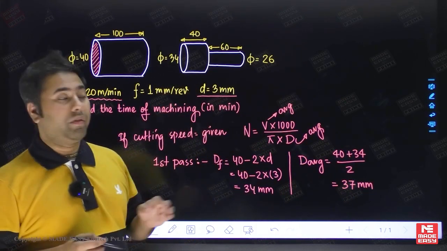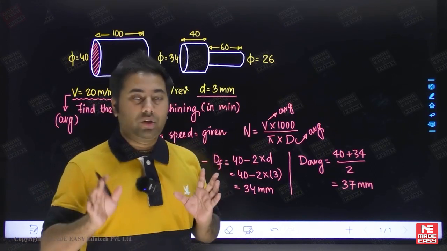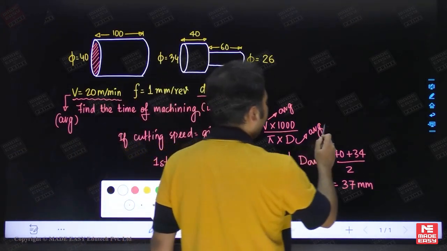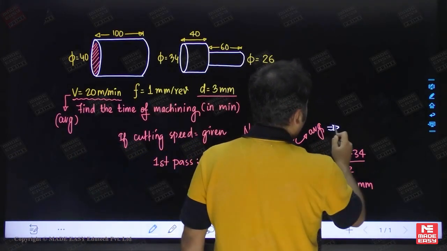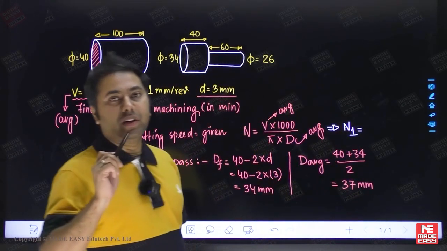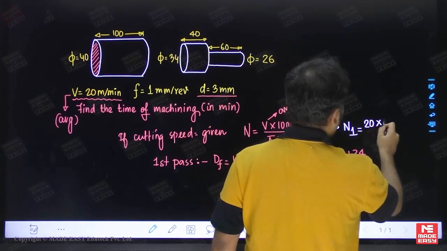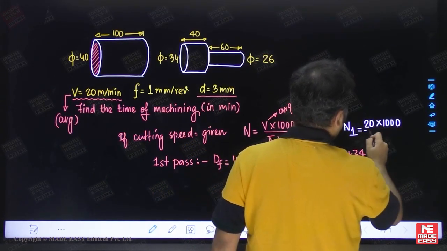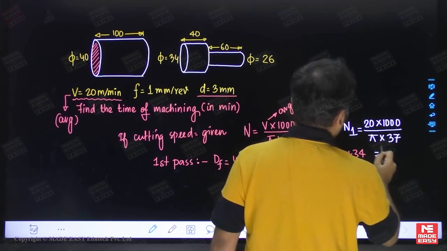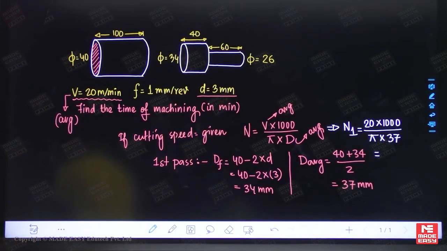Now first of all we will find the spindle speed for the very first pass. We will write here that N1, the spindle speed for the first pass, is equal to 20 times 1000 divided by pi into 37. Let us solve this equation.